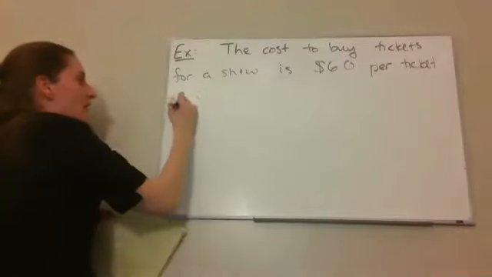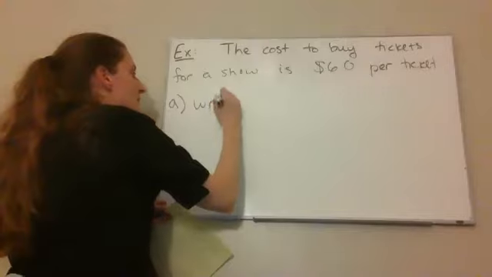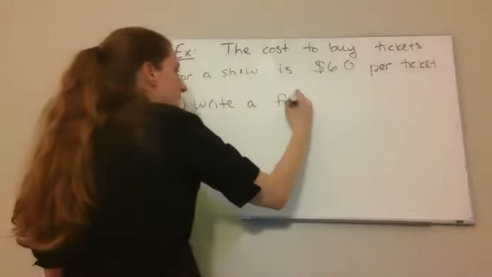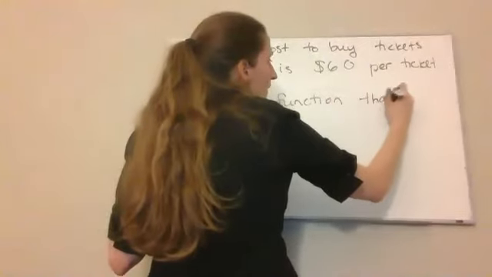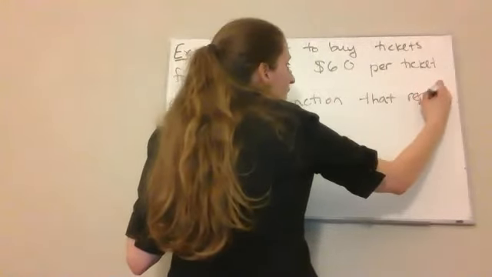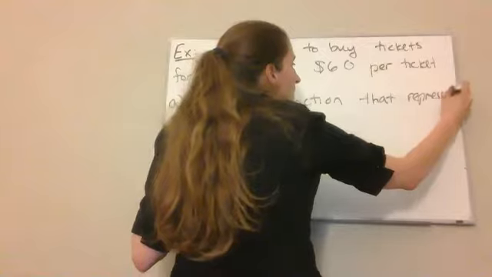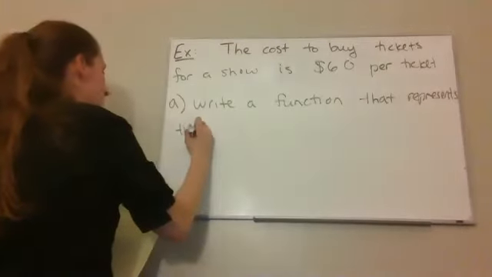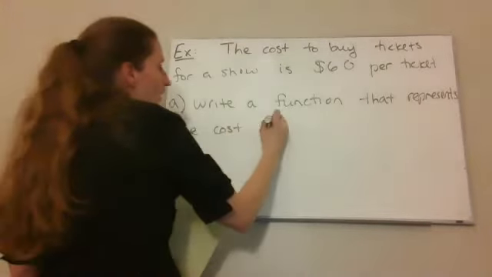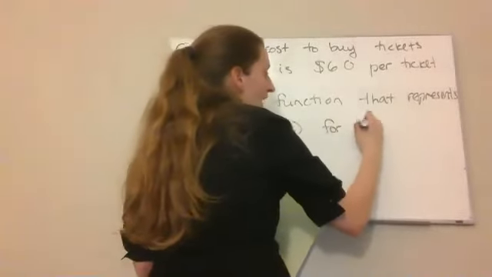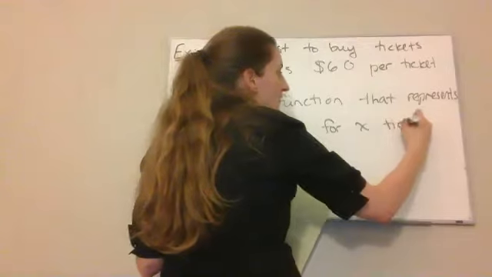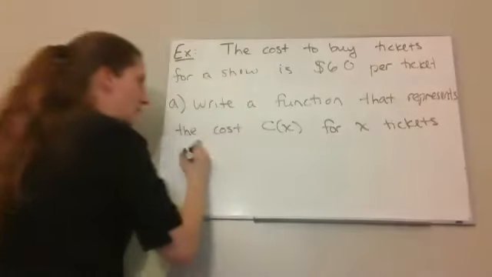Part A, write a function that represents the cost, which we're going to call C of x, for x tickets to the show.